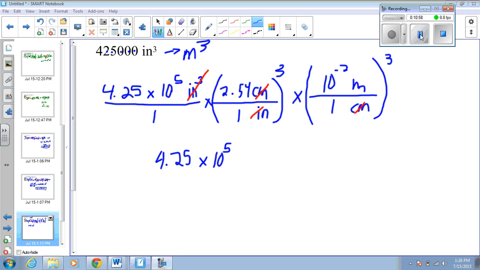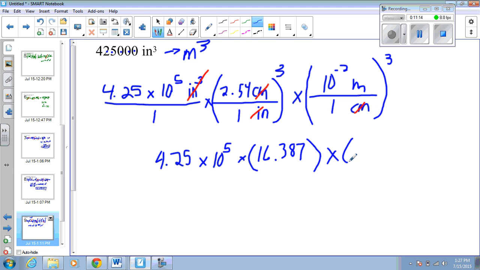I have 4.25 times 10 to the fifth times whatever 2.54 cubed is, 16.387 times 10 to the negative 2 to the third power is 10 to the negative sixth. And on the bottom, looks like we have just 1. So 1 times 1 times 1 is 1. And the units I have, meters cubed.